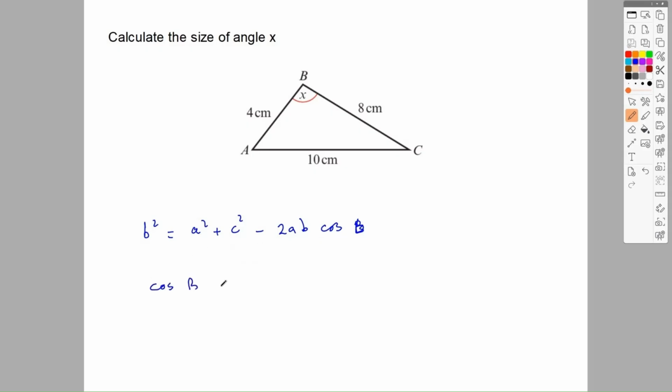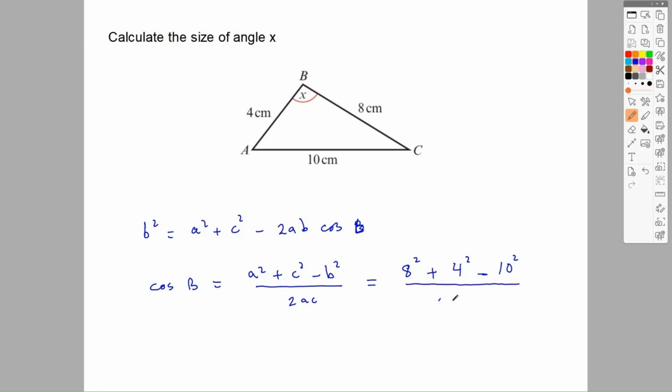So cosine b equals a squared plus c squared minus b squared over 2ac. So that's 8 squared plus 4 squared minus b squared, 10 squared, over 2ac.